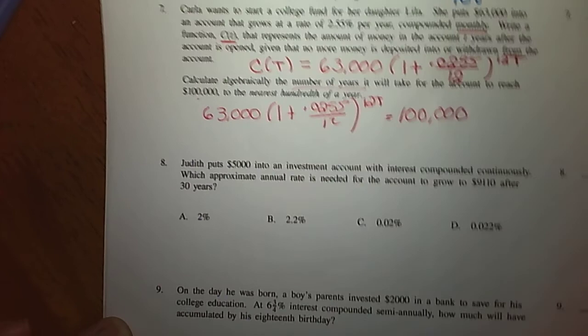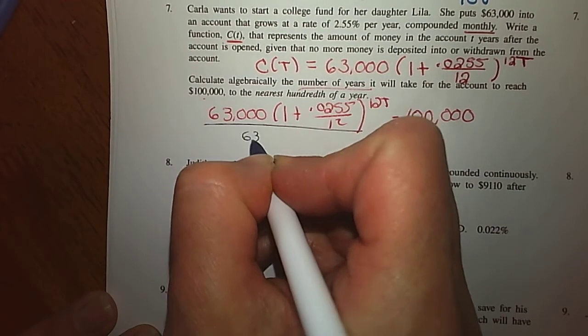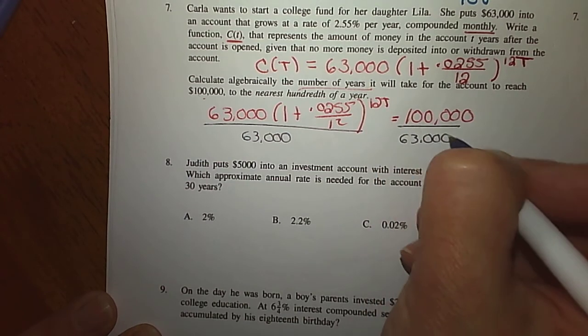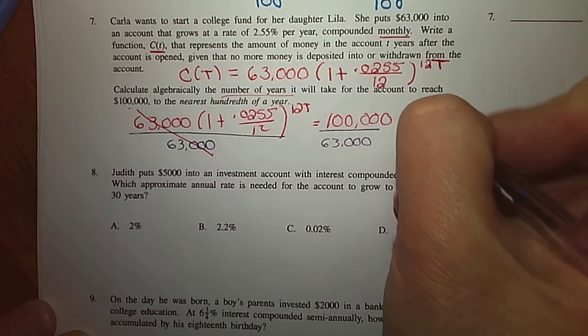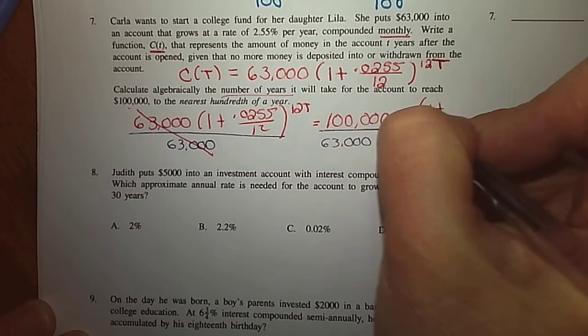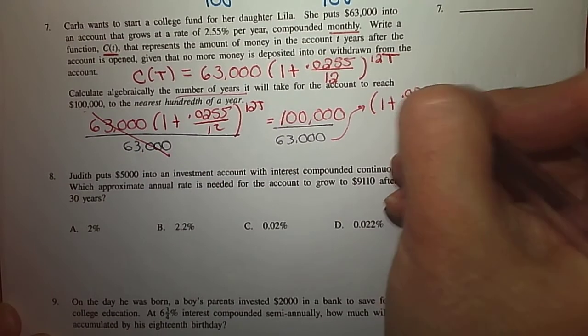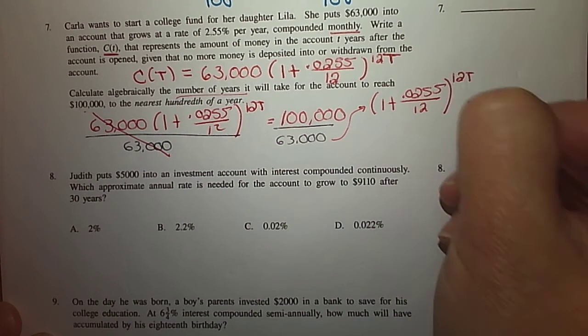All right. So step 1, I'm going to divide by 63,000. So that cancels. So now I've got 1 plus 0.0255 over 12 to the 12t equals.